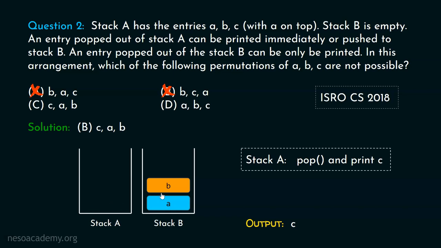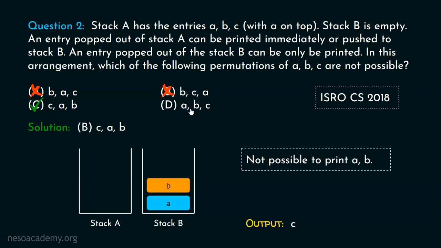We can only pop this element out of stack and print this on the screen. Hence, we would be able to obtain CBA but not CAB, right? It is not possible to print AB as the topmost element of the stack is B and not A. Hence, this option is the correct option, right?